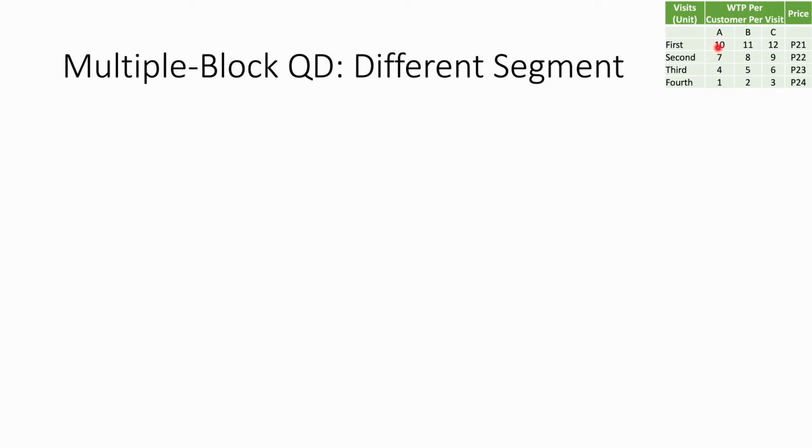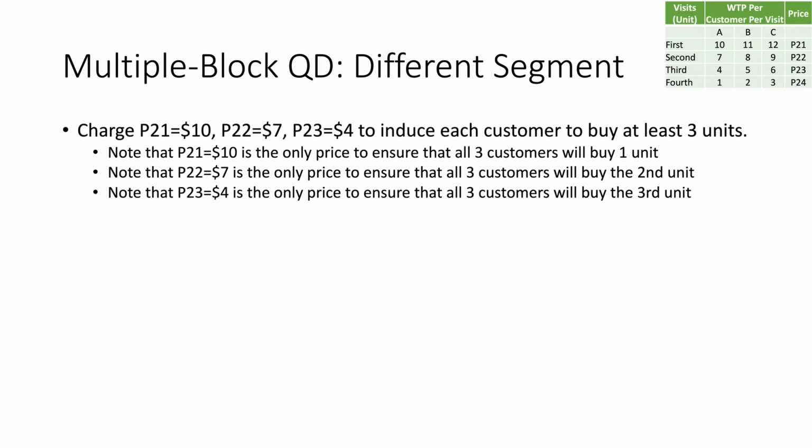So 30 is the highest, $10 is the optimal price. And following similar calculations, we'll get that P21, P22, and P23 are $10, $7, and $4 respectively. And in each one of these cases, the three customers would buy 3 tickets.